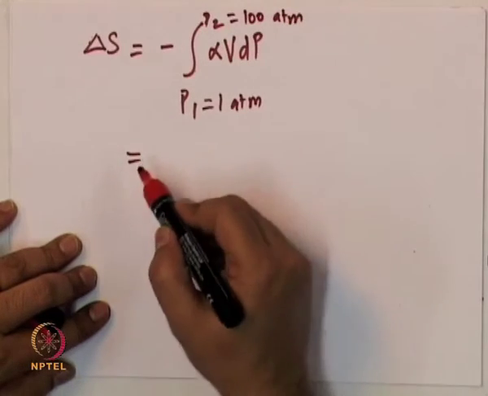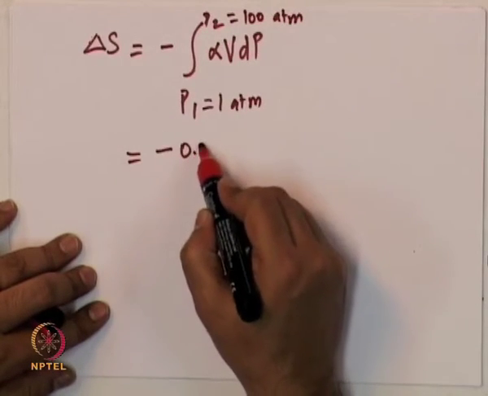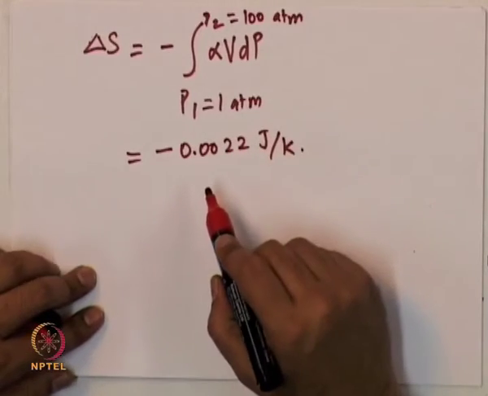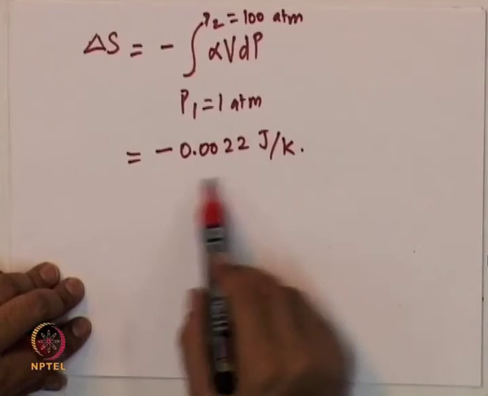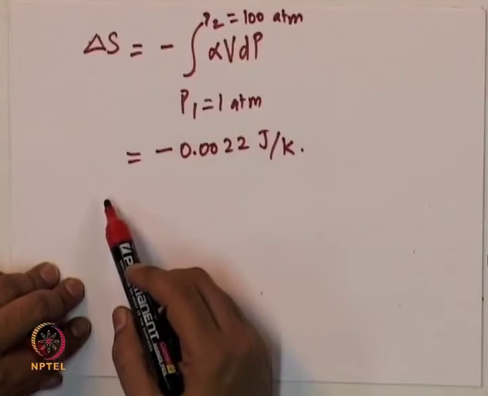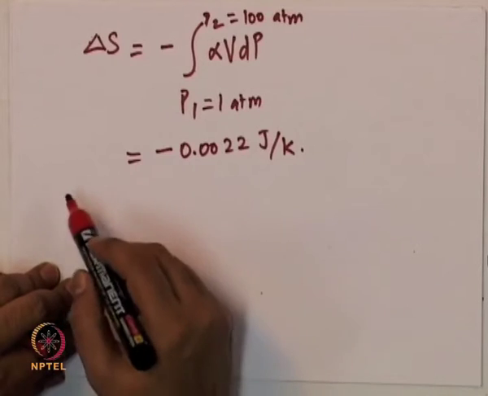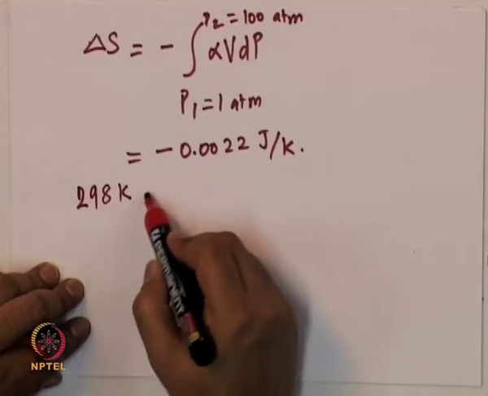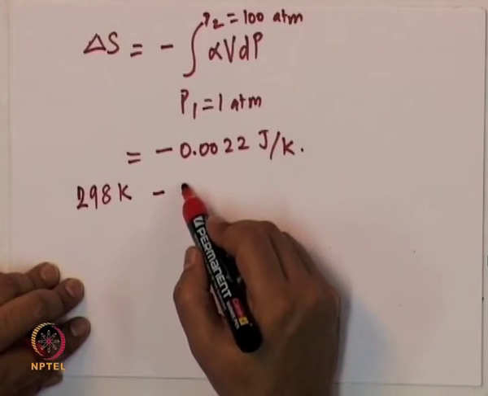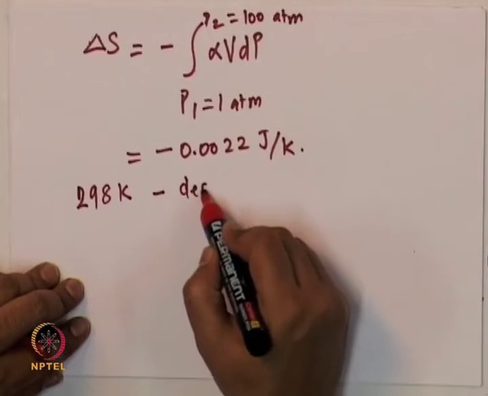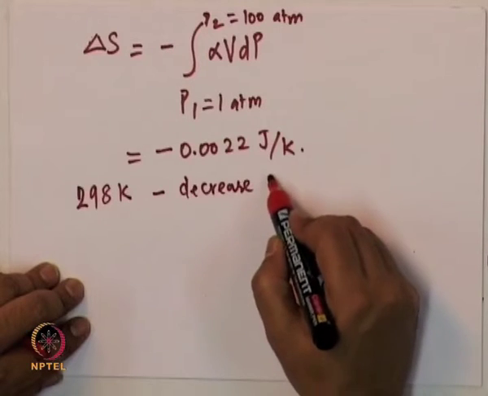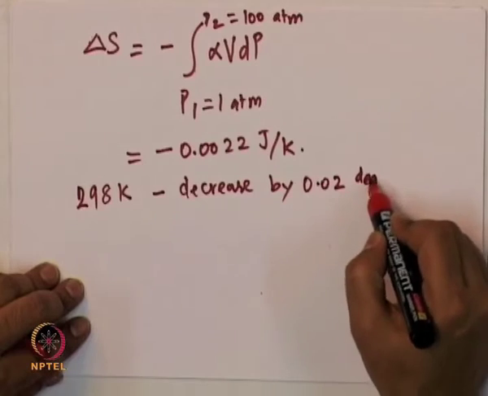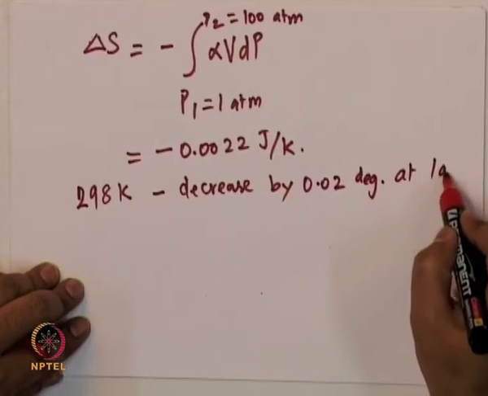That is going to be of the order of minus 0.0022 joules per Kelvin, and this change in entropy, for example, can be achieved in iron from 298 Kelvin if you decrease the temperature by 0.02 degree at 1 atmospheric pressure.